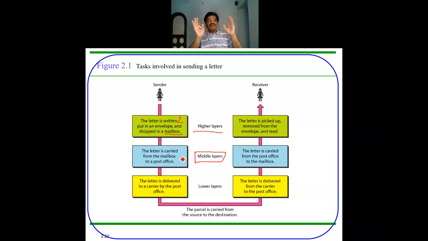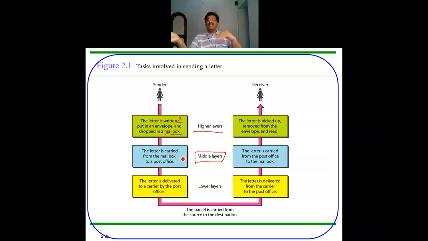And whenever we are defining the services, the requirements, and the possibilities of communicating the information from the sender's end to the receiver's end, and in the reverse manner at the receiver's end, the information is said to be communicated with the support of the tasks, the functions that are performed at the various layers.